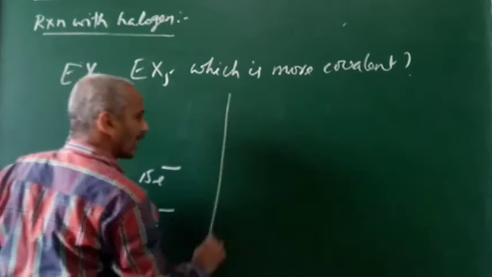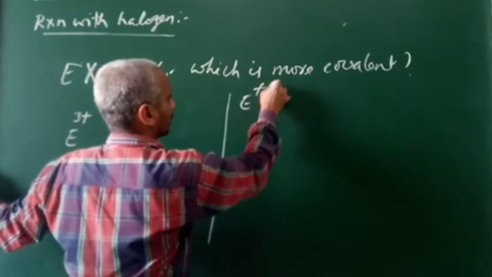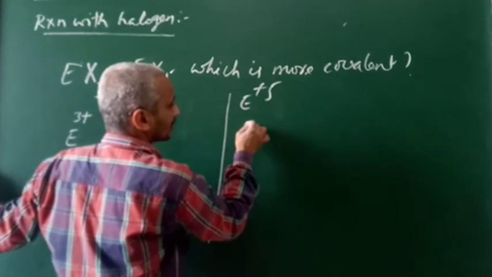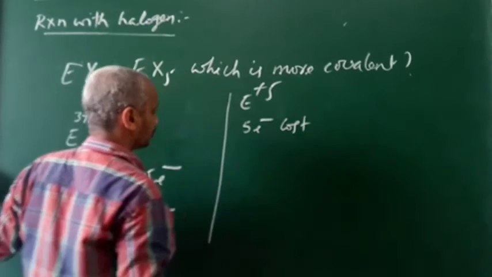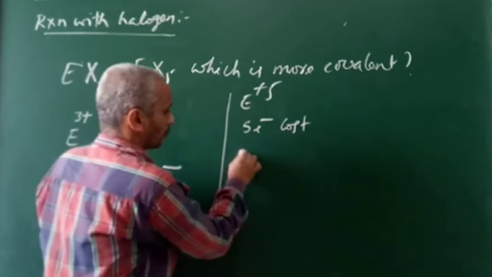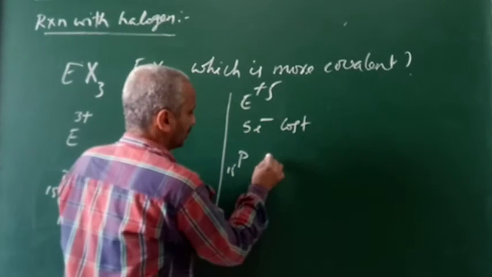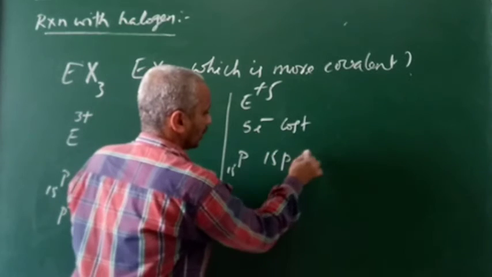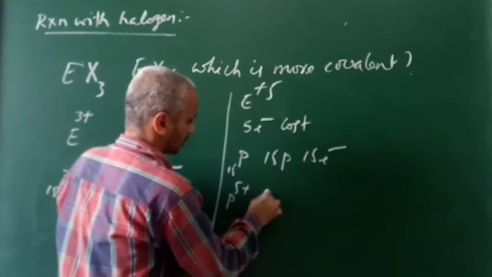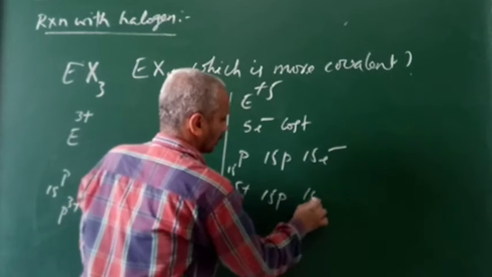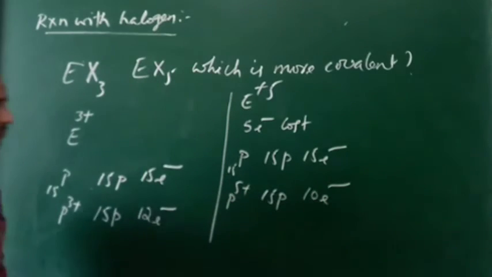Now, when I have the EX5 state, 5 electrons are lost. So P is the 15th element, with 15 protons and 15 electrons. P5+ has 15 protons and only 10 electrons.